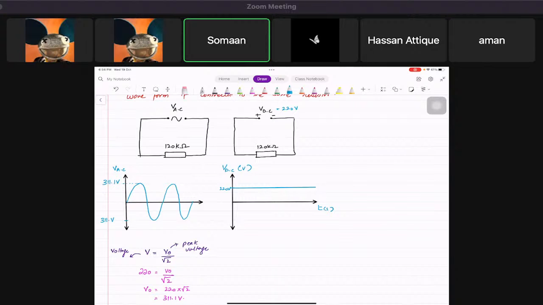So every single time, like here, if I say, okay, this is 1, this is 2, and this is third, every second, the resistor is getting the same amount of voltage, right? Yes, sir. But if I say this is 1, this is 2, this is 3, this is 4, is the resistor getting the same voltage every second? I don't think so, right? No, sir.